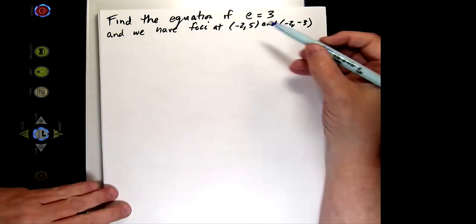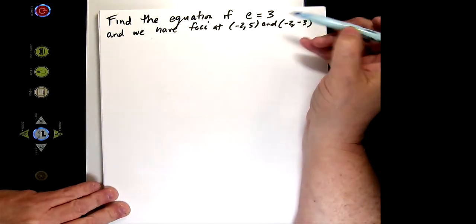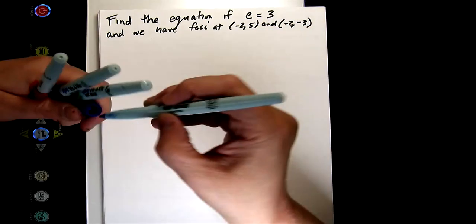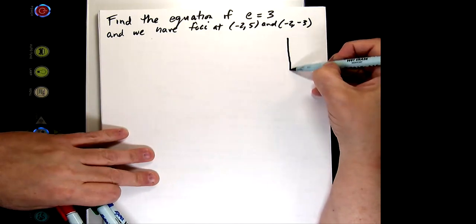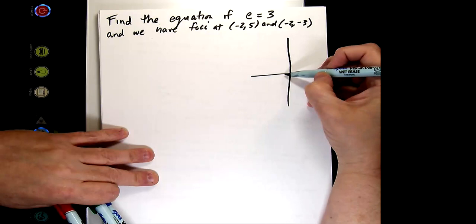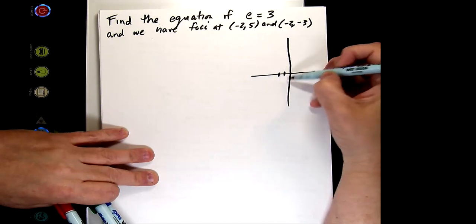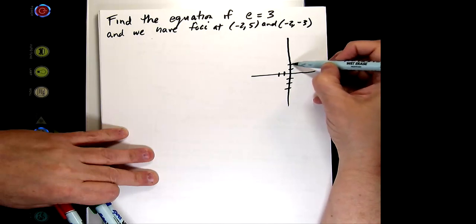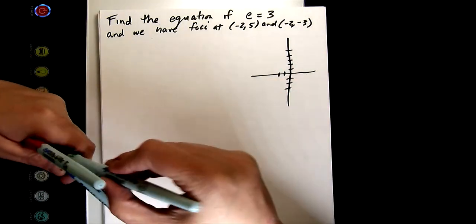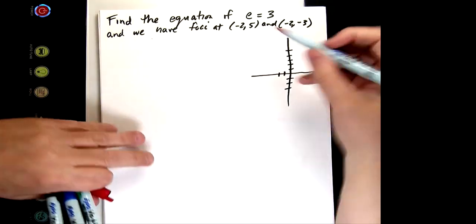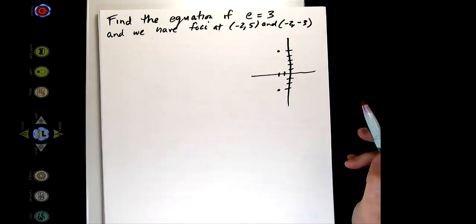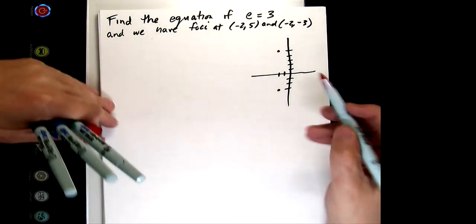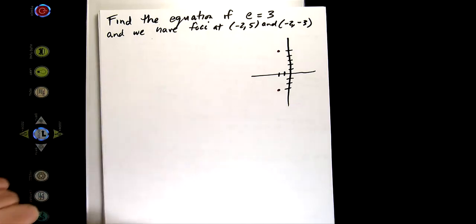Okay, remember what we're trying to fill in. Well, first off, do a little sketch of the information you got. That's the only information we got other than the eccentricity.